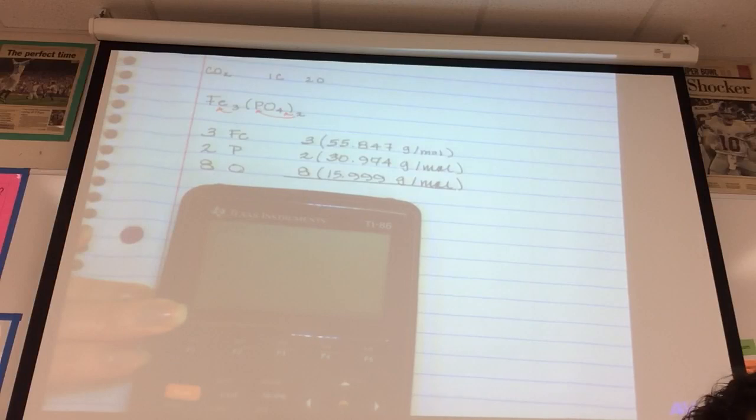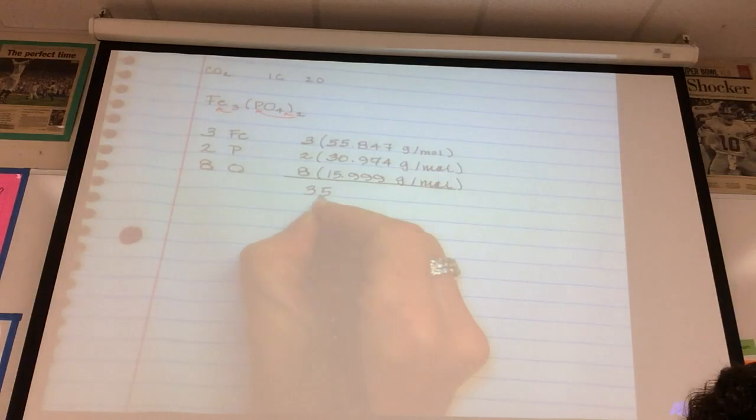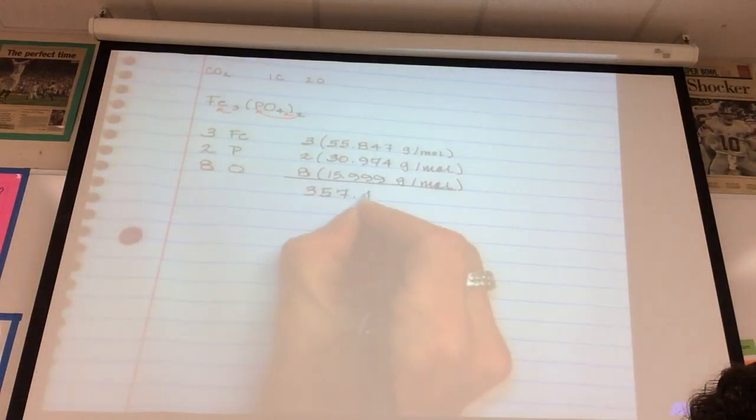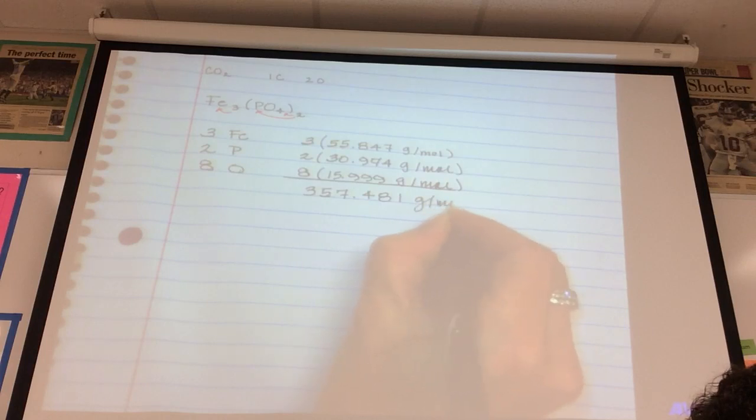I think that's better. So we have 3 times 55.847 plus 2 times 30.974 plus 8 times 15.999 equals, and I have 357.481 grams per mole.